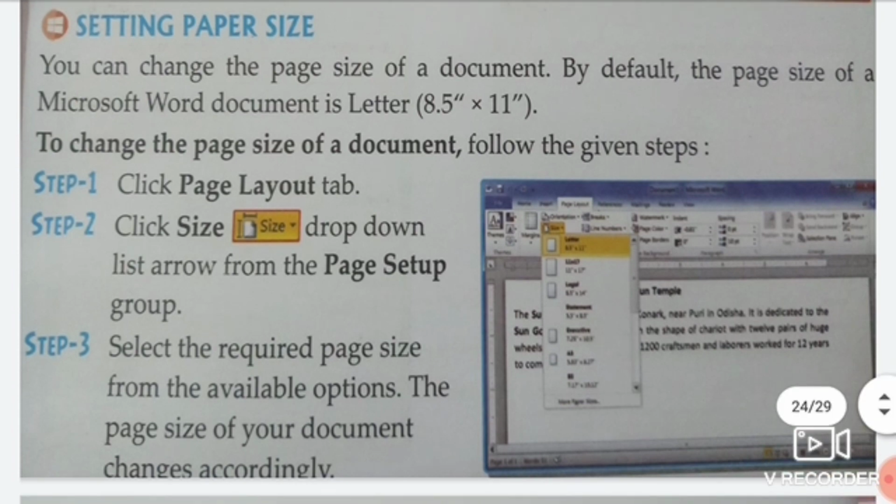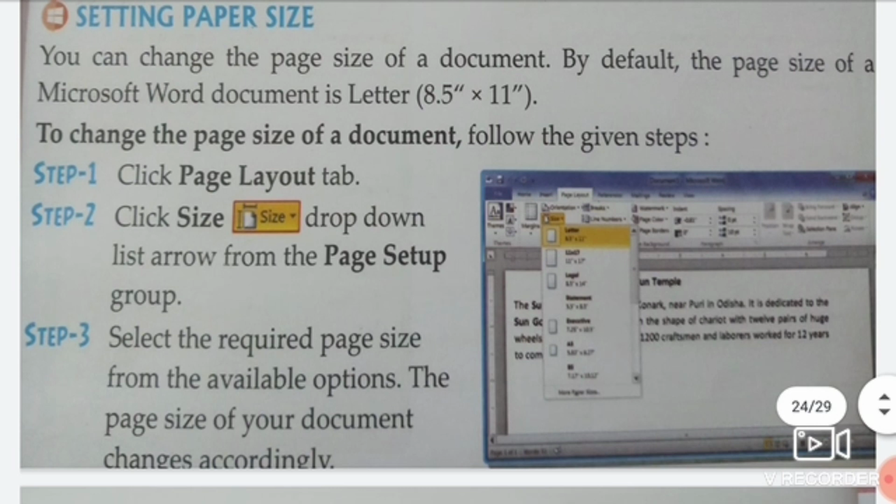Click on the Page Layout tab, and from the Page Setup group, choose the Size option. In Size, you can set the paper size according to your requirement. Select the required paper size from the available options. The paper size of your document changes accordingly.